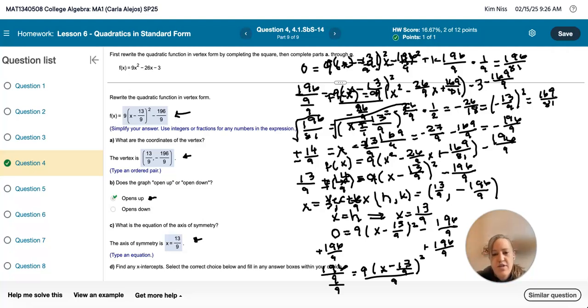So we go back to our original equation, f of x equals 9 times (x minus 13 over 9) squared minus 196 over 9. And we just plug in 0 for x.